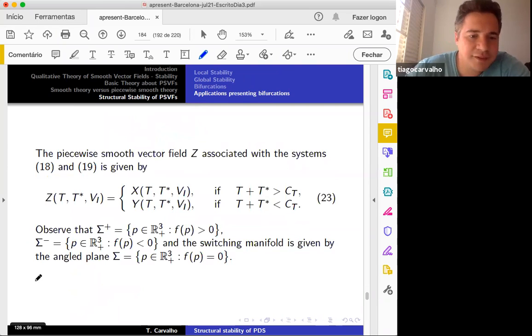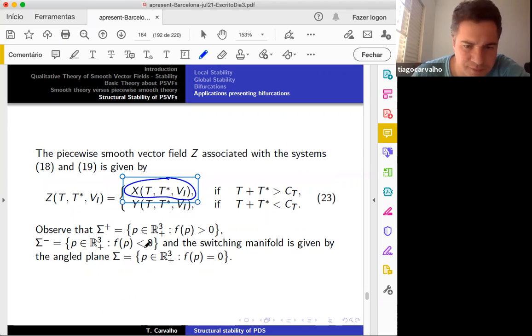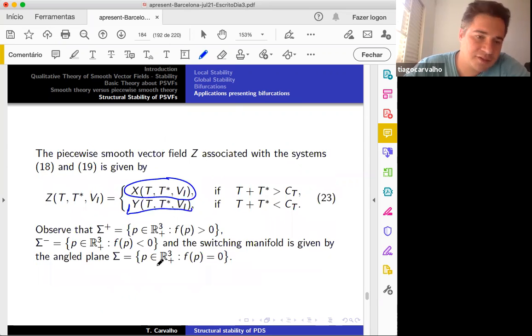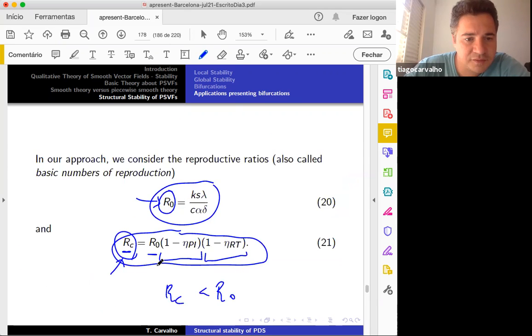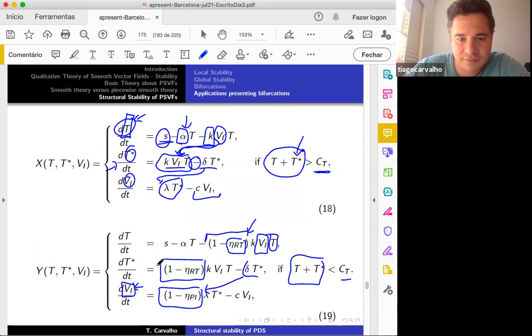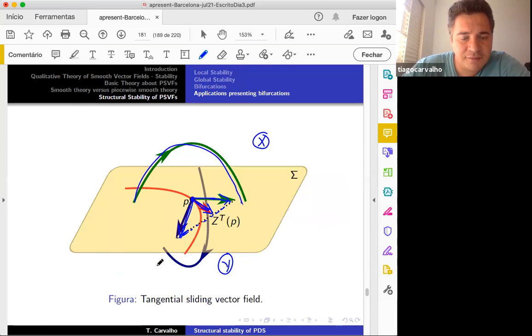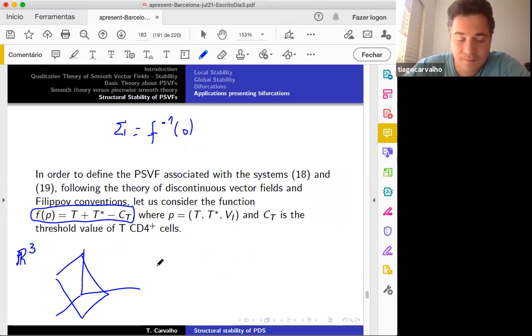Moreover, over this plane, we will consider this vector field, and in the other case, we will consider this vector field. An important thing is that these vector fields that I gave before have equilibria.